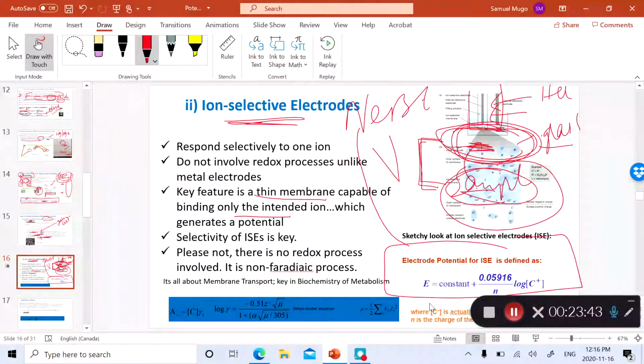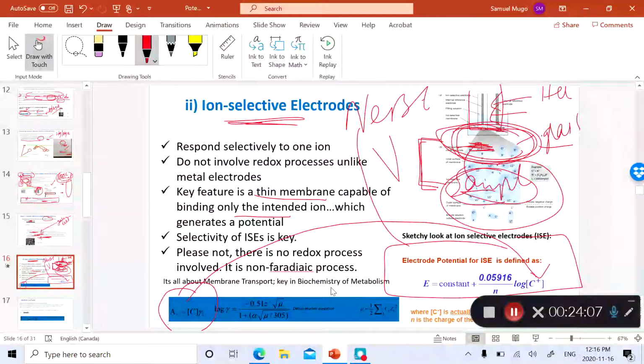And maybe I should emphasize that potentiometry really doesn't detect concentration, but instead it detects activities. Okay, remember that. Potentiometry detects the activity of the analyte.